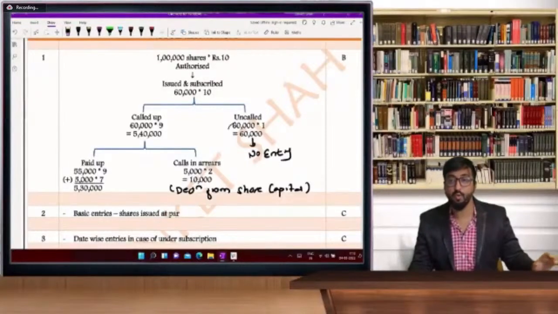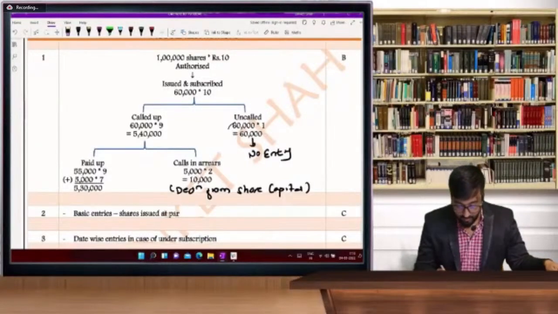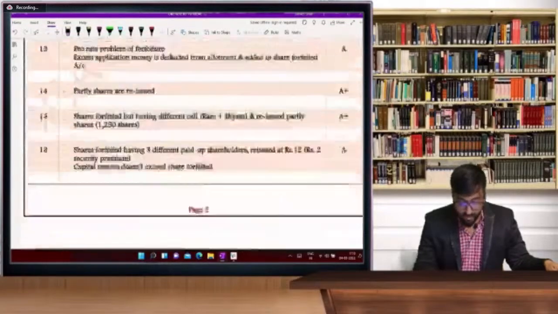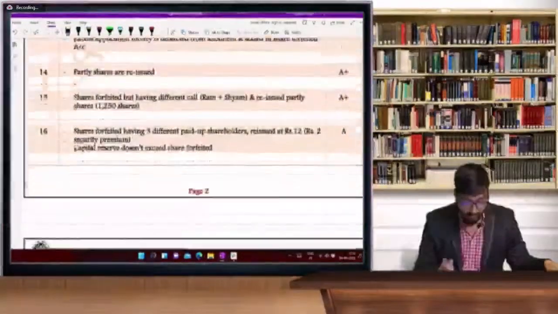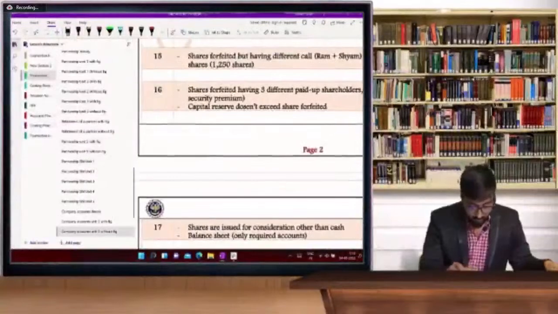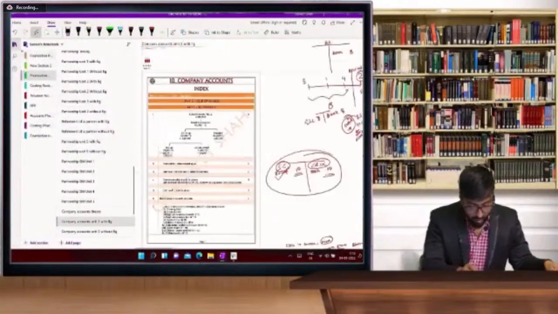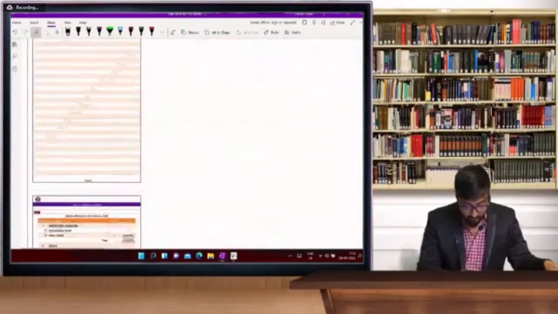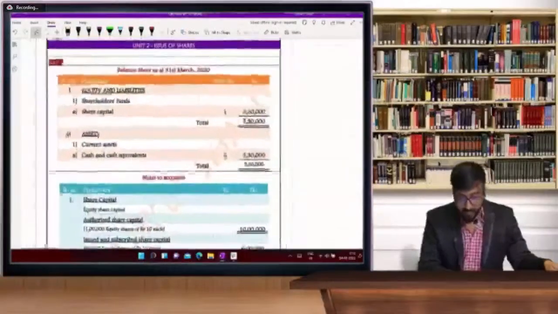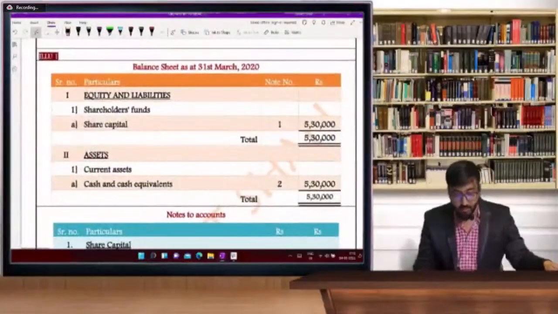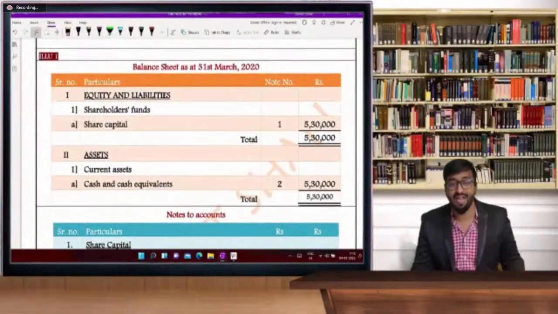So now it's the time to present these entries. How to present this in the balance sheet, beta? See, this is a balance sheet presentation. Balance sheet as on 31st March 2020. You can take a screenshot of this.